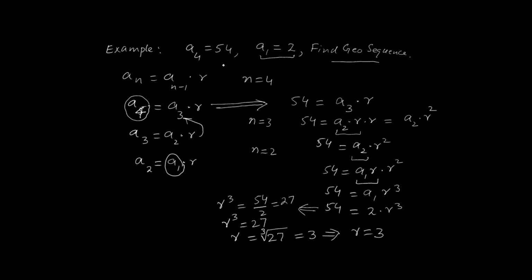Now the first term is 2 and the fourth term is 54 and r is 3. So now we are taking this first term. To generate the second term, we will multiply the first term with r. So what is the first term? 2, and it will be multiplied with r 3, so 6.